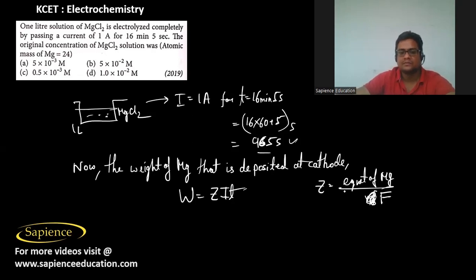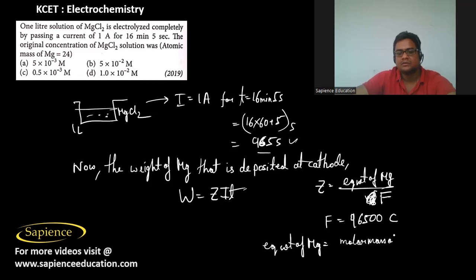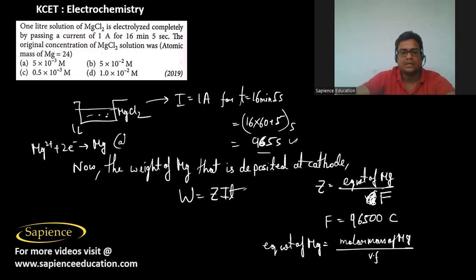Now, 1 Faraday charge means 96500 coulombs, and the equivalent weight of magnesium is equal to the molar mass of magnesium divided by the valency factor of magnesium. Now Mg2 plus ions will gain 2 electrons to form Mg atoms, and in this way only Mg atoms will be deposited at the cathode.